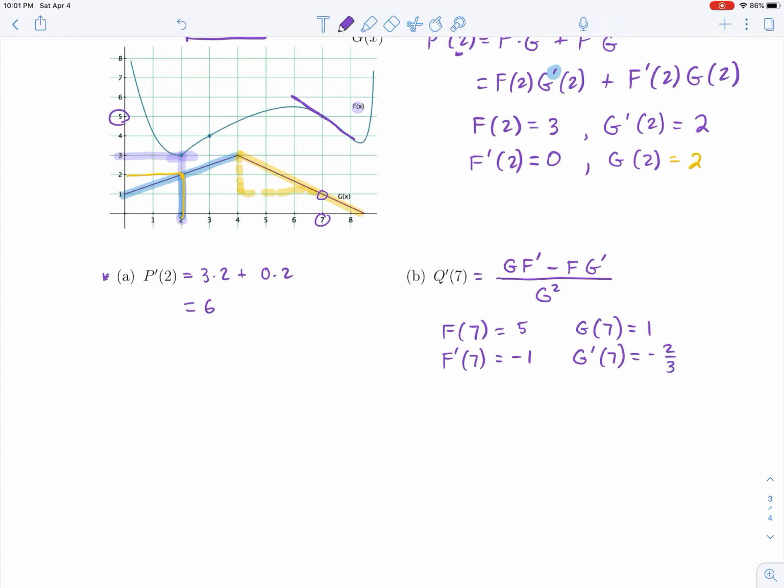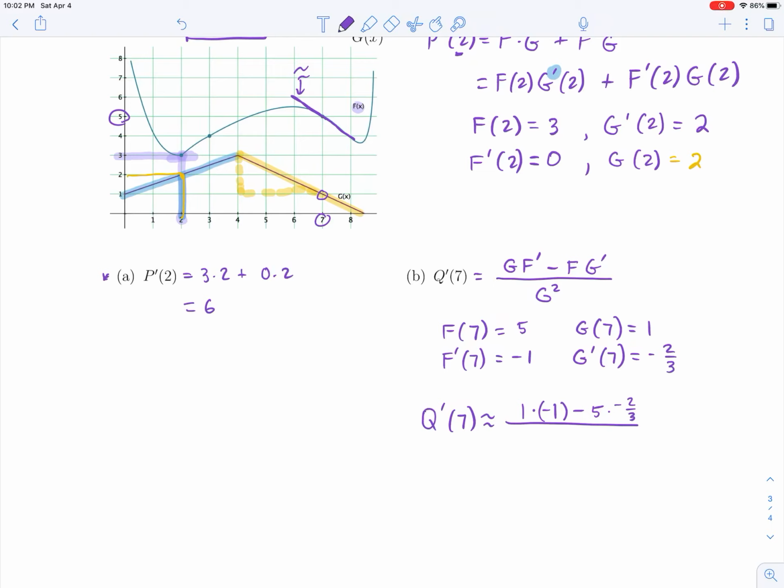So now we can just plug into Q prime of 7. I'm going to use approximately because this slope here was approximated. So let's see, we have g of 7, which is 1, times f prime at 7, which is negative 1, minus f at 7, which is 5, times g prime at 7, which is negative 2/3, all over g squared.